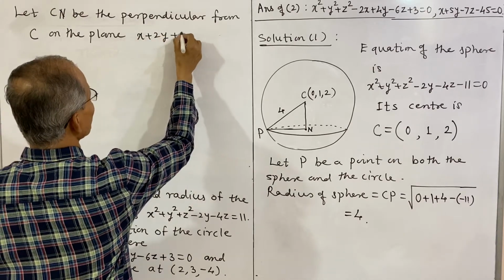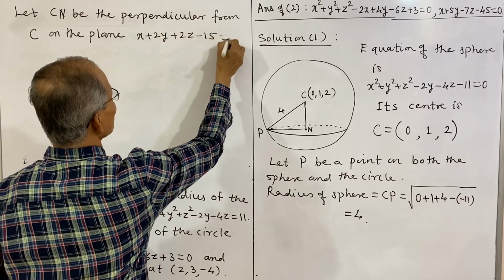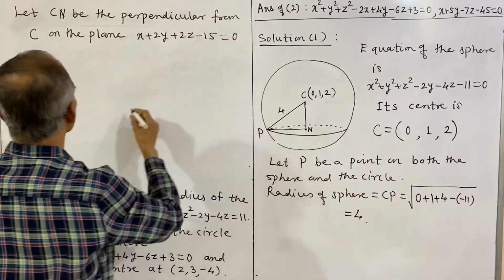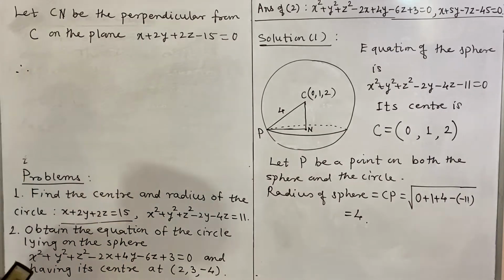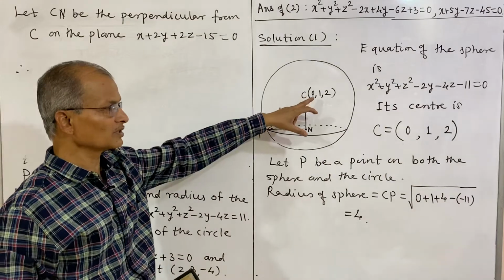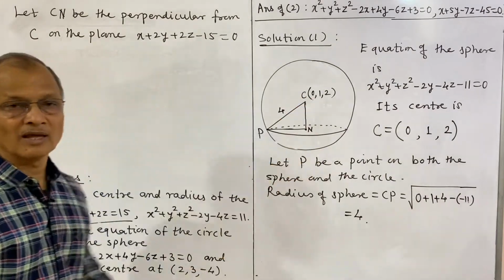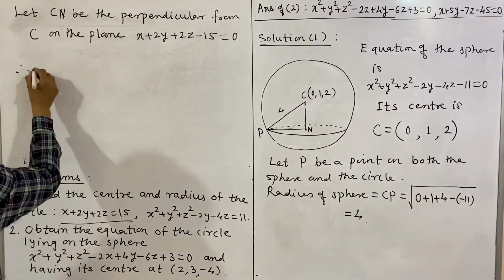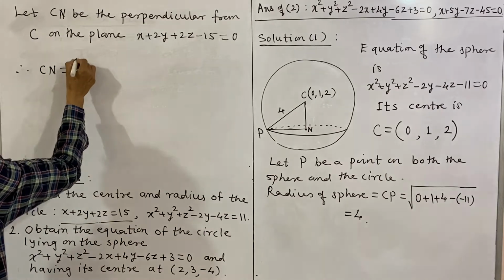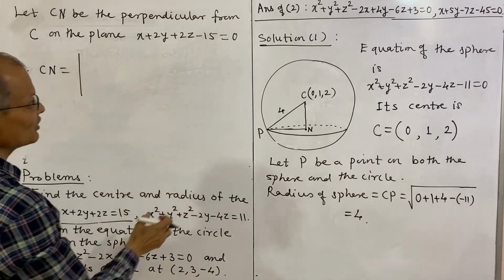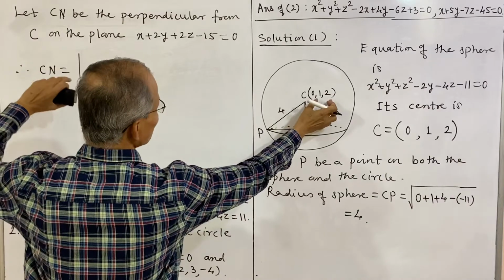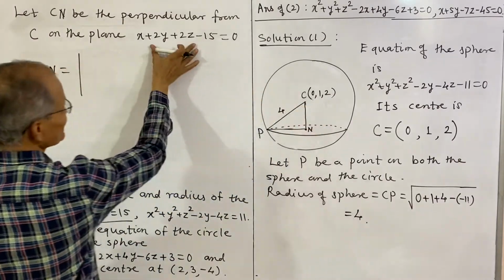plus 2z minus 15 is equal to 0, and therefore we can use the perpendicular distance from a point to a plane, and that is Cn is equal to, now we have to put these coordinates of center 0, 1, 2 over this expression.